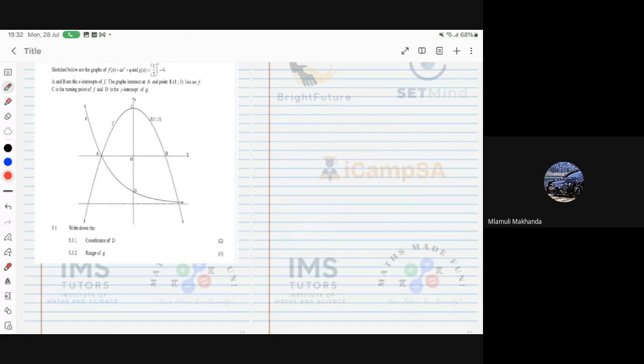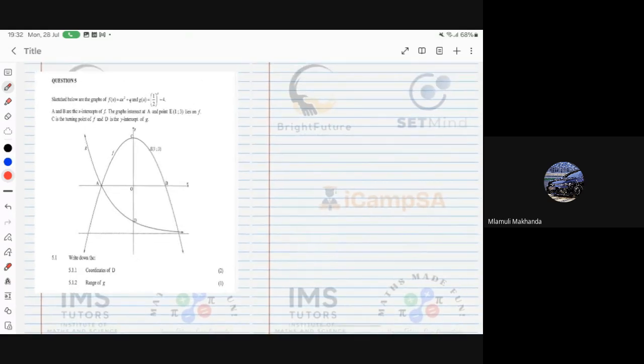But I'll also just read the question for you guys. So the question says, sketched below are the graphs of f(x) = ax² + q. You can already tell just by looking at this that we are dealing with a parabolic function.